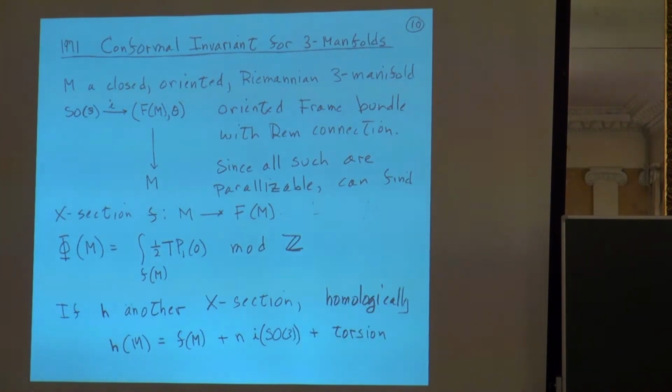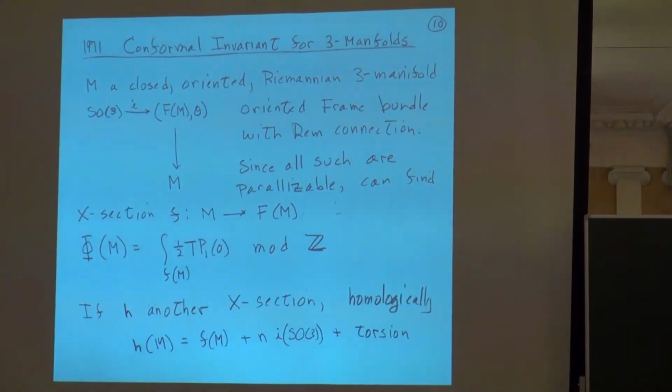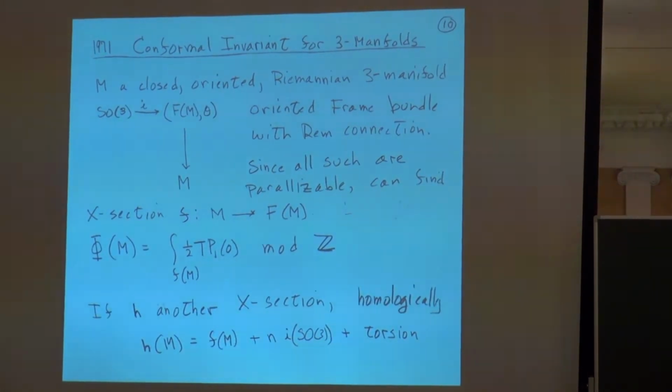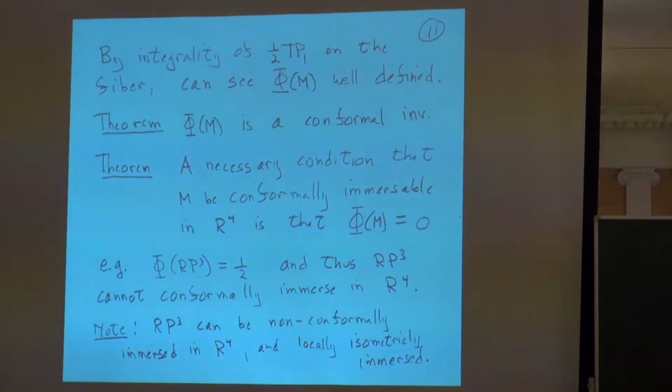So therefore, when you integrate over this second cross-section, homologically, it only differs by a multiple of the fiber. The thing is an integer. This is an integer on the fiber. And so it's a well-defined map, well-defined function. Yeah, by integrality of the fiber, you can see it's well-defined.